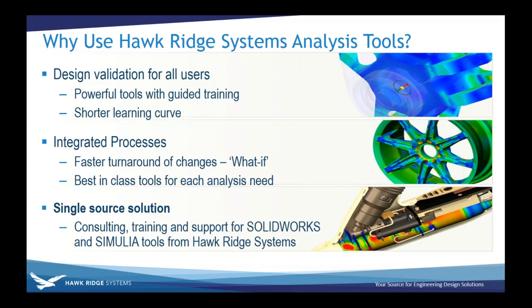So if you make a design adjustment, there's a very smooth, quick process to analyze the effect of that design adjustment. And here at Hawkridge Systems, we're a single source solution. Doesn't matter what analysis product you have, you give us a call at the same line you do for technical support for your CAD system. We provide training, and we provide consulting services if needed.